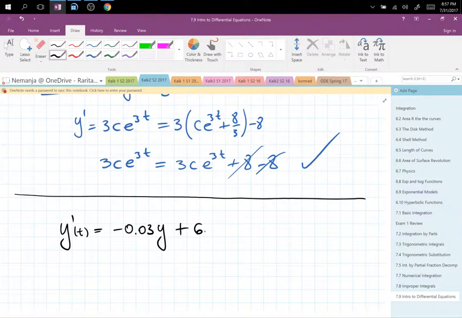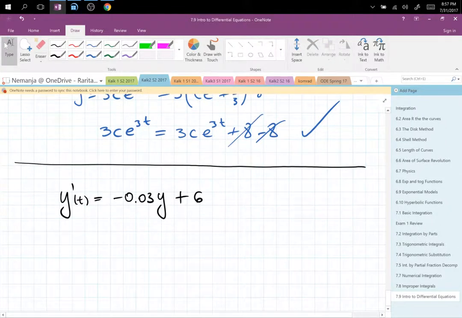This is the differential equation we just solved. It just has numbers to it, has meaning to it. So you have a rate, a rate, a rate. They're all rates. So we can just write the solution because we know what the problem is.